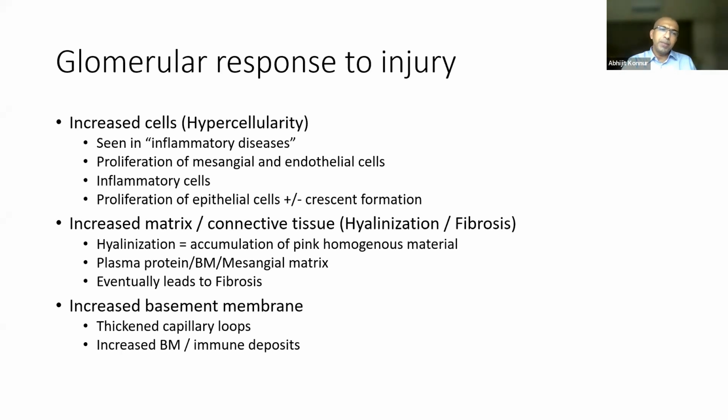Then over a period of time, there is hyalinization, or increased deposition of matrix or connective tissue, which is like a pink homogeneous material, and plasma proteins deposit there. Eventually, this leads to change of the cells to fibrosis by fibroblasts. And there is increased basement membrane, which leads to thickening of the capillary loops and increased immune deposits.